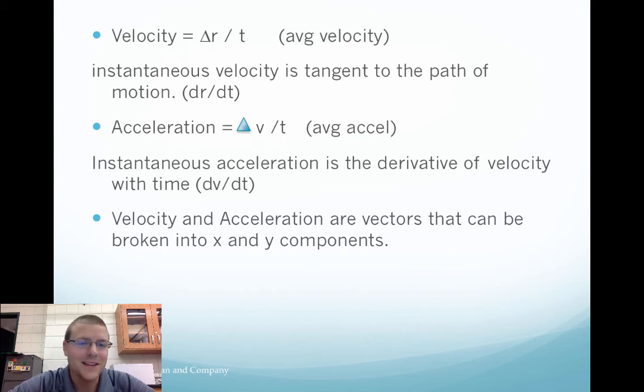So to find the instantaneous acceleration of something moving in more than one dimension, just take the derivative of velocity with respect to time, or the second derivative of your position vector. Velocity and acceleration vectors can be broken into their components, and you can recombine just their pieces to get a complete x component, y component, z component, and combine those to find the magnitude and direction of the real velocity.